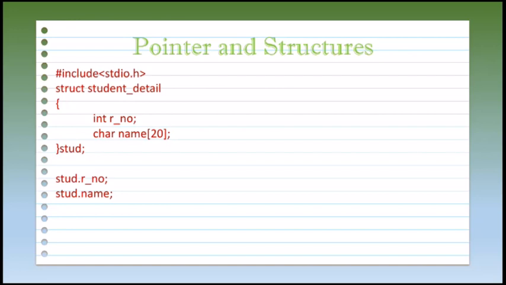So these are the two members of the struct data type, that is student detail, and we have declared one variable, that is stud. So stud is the structure variable, and after that, the last two lines, we are trying to access that.